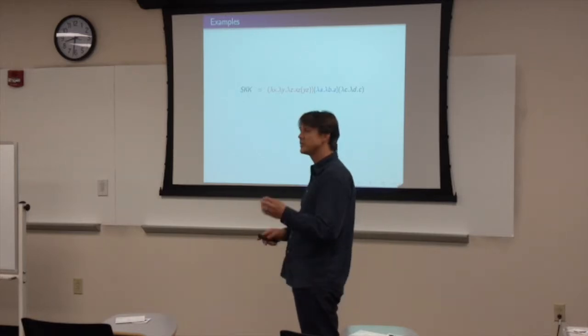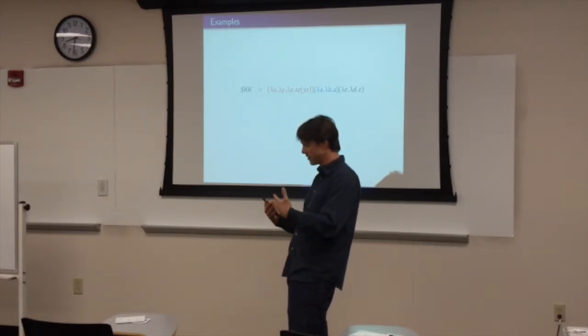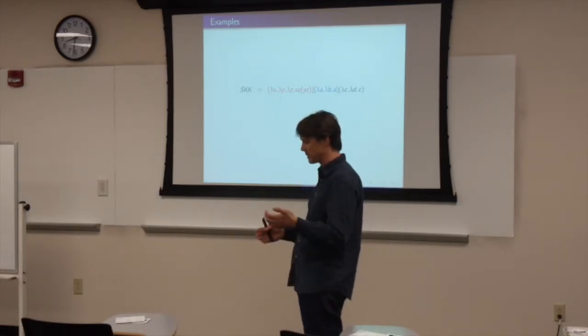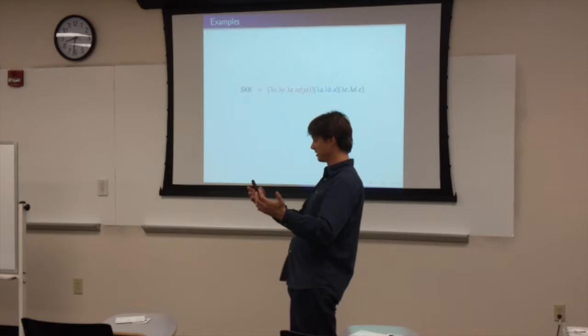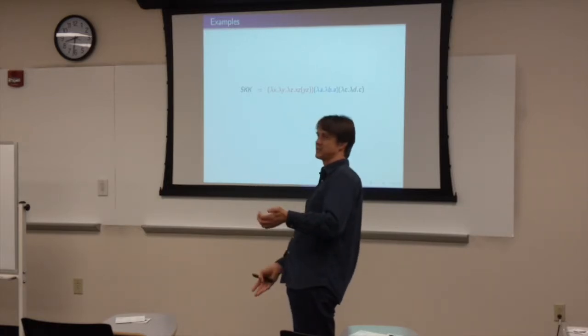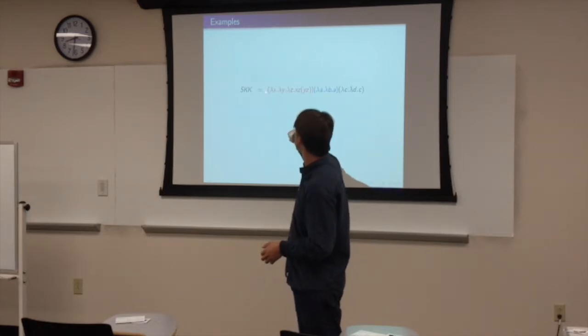Technically, if you've seen functional programming languages before, you've heard about currying. You say, oh, I have a function of two variables, but I'm going to pretend it's really a function of one variable that returns a function that takes a variable and returns the answer. So it's x because that's the outermost one.